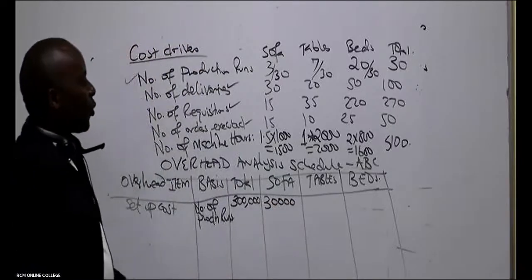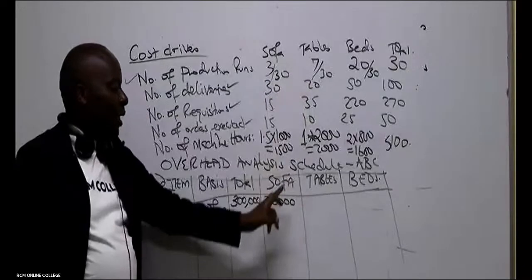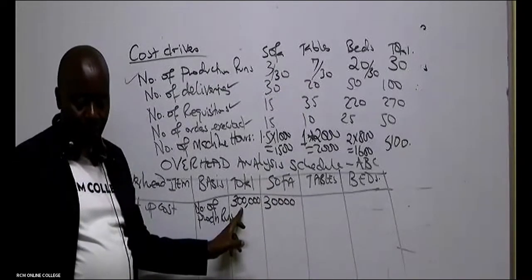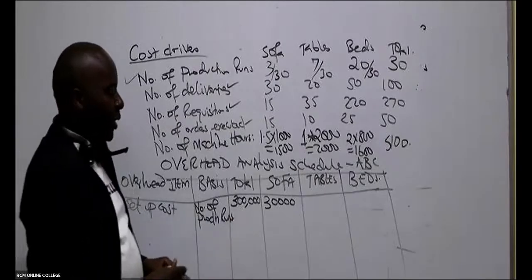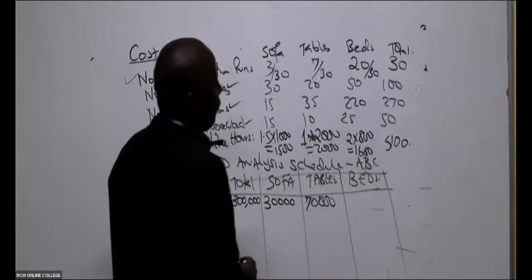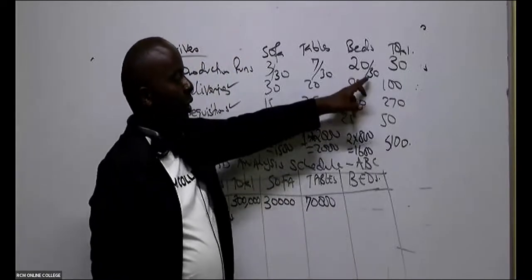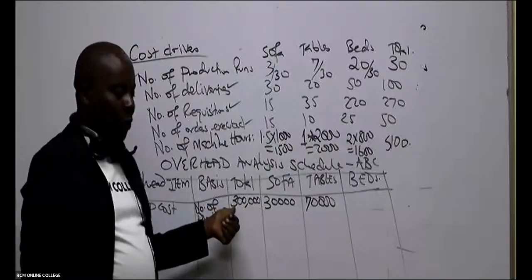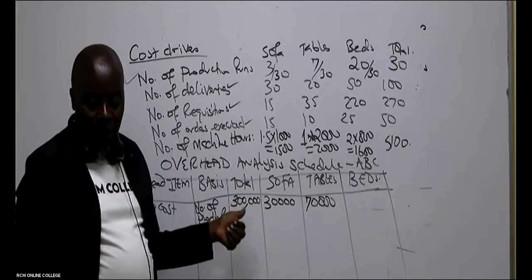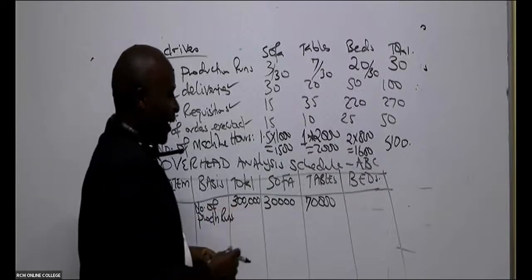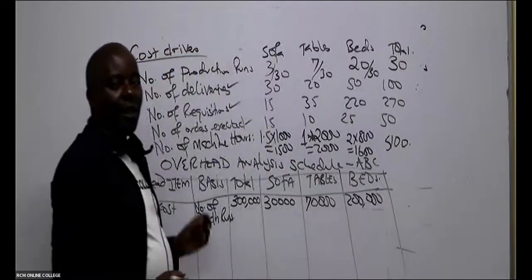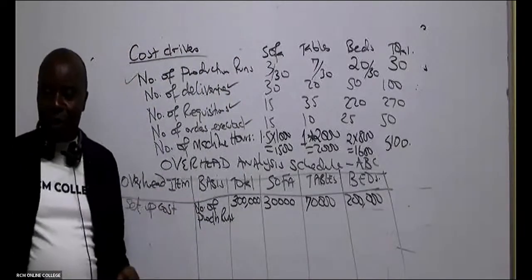The next one will be 7 over 30 times 300,000, which is 70,000. From there, we have beds, which now will be 20 over 30 times 300,000. That is 200,000, isn't it? So that is one approach.